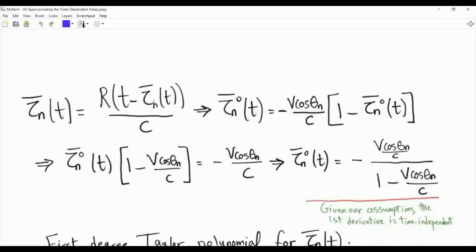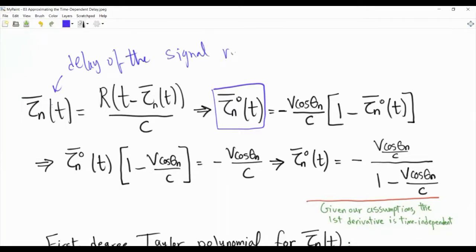Okay, so here is a recap of what happened on the previous pages. So this is the first derivative of the delay with respect to time. Don't forget what this guy is. This is the delay of the signal received at time t, and so it means that the signal was transmitted at t minus tau of t, and hence this formula depends on the separation, not at time t, but at the time of transmission, which is t minus tau of t.